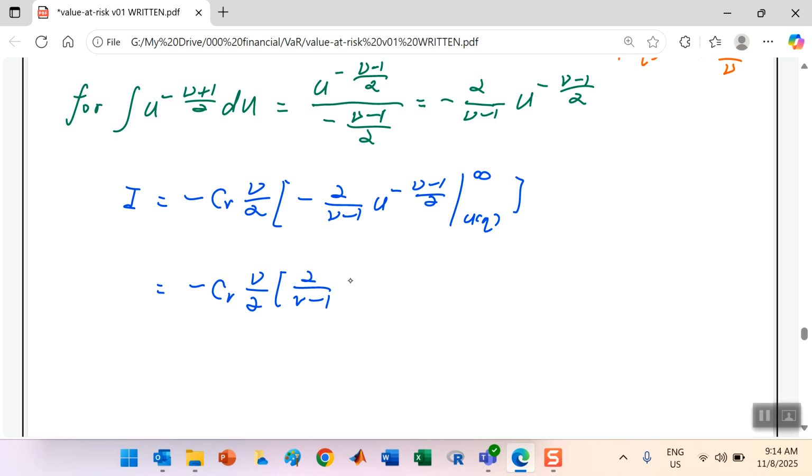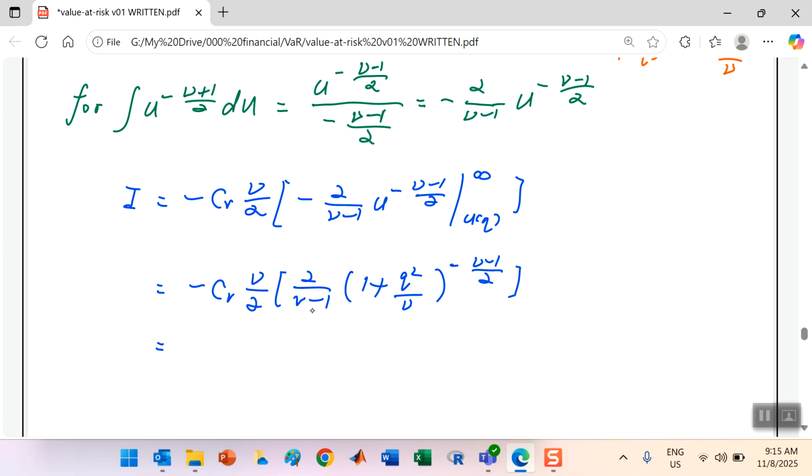So here u now becomes 1 + q²/μ, and the whole thing to the power of −(μ−1)/2. This is the u value, substituted back in. The minus minus inner part becomes positive, so 0 minus minus becomes positive.